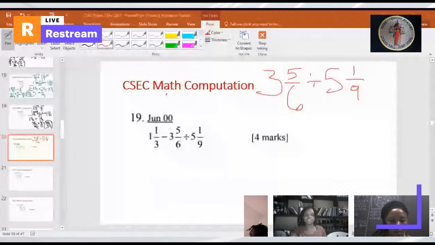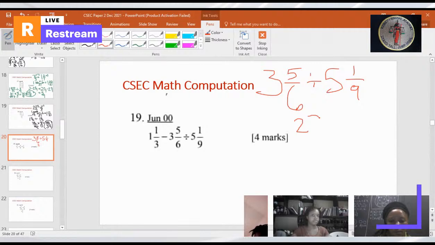So 6 times 3 is 18, plus 5 is 23 over 6. And 9 times 5 is 45, plus 1 is 46 over 9. And since we're going to invert it, it would be 9 over 46.